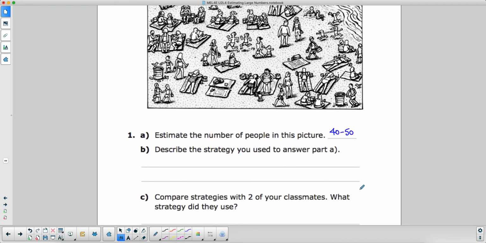So to describe the strategy: I looked at a smaller portion and counted the people there.